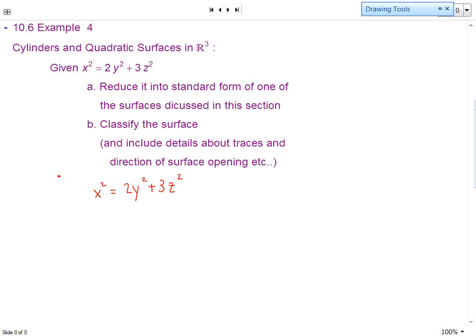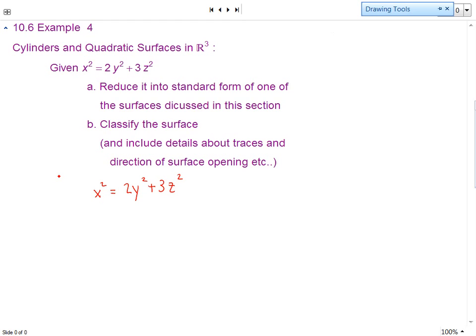Let me try and run through these with you. I'm going to start at 10.6.5. Is it a cylinder? No, why? Yeah, cylinders don't have all three variables in it, right? One of them is free, so it's not a cylinder, okay?